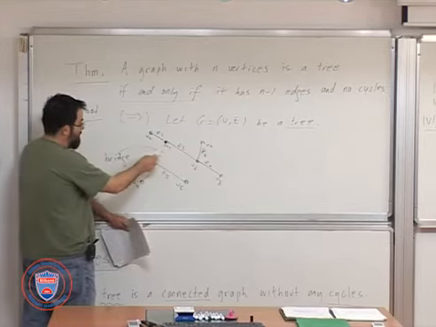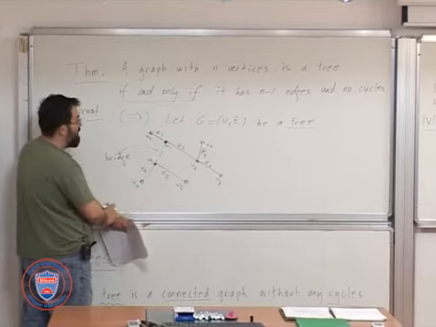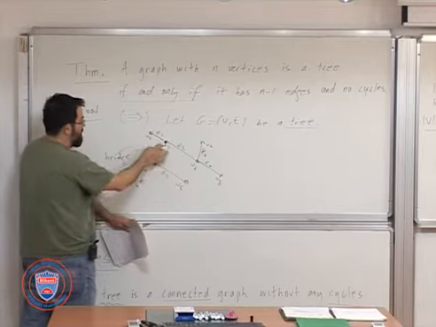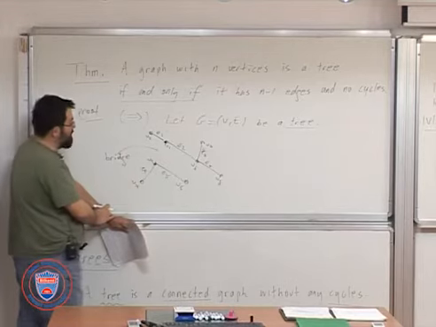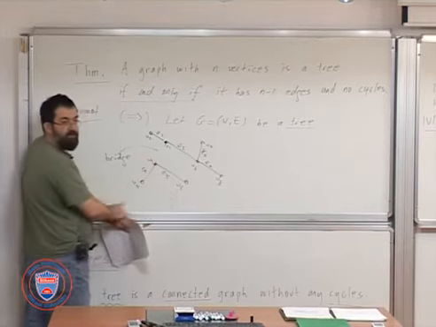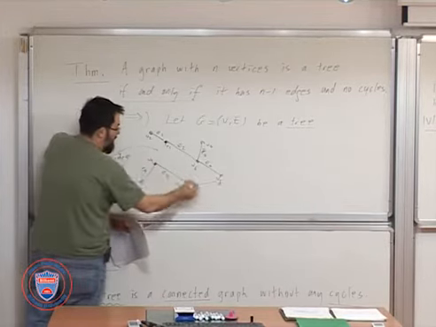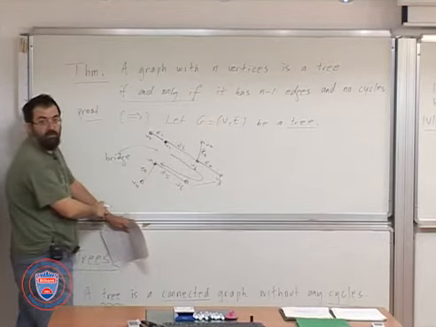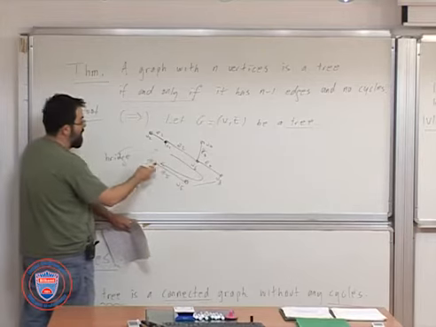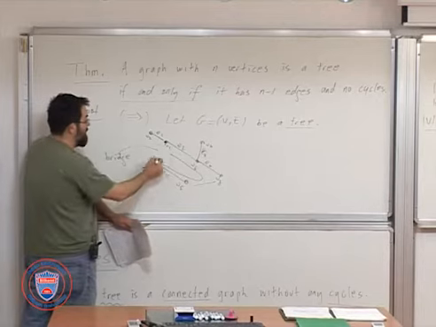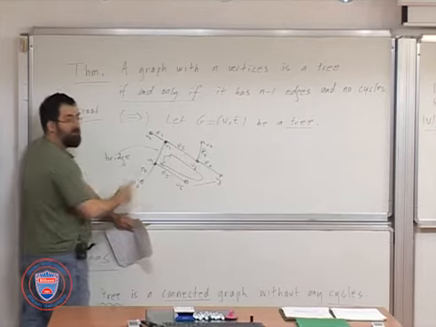Take one edge out. That edge connects two vertices, right? Now, suppose that when you take that edge out, you don't get disconnected. That will mean that these two vertices are connected by something else, by a cycle, by something like this, right? So if you still have a connected graph once you take this edge out, that means with that edge you have a cycle.